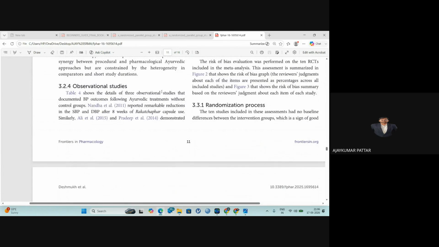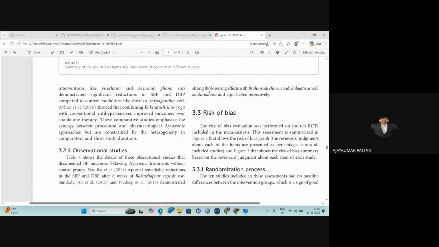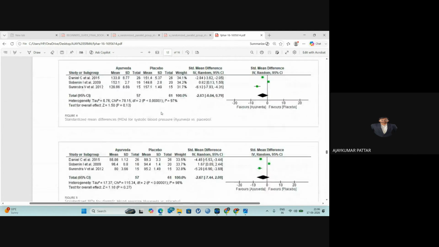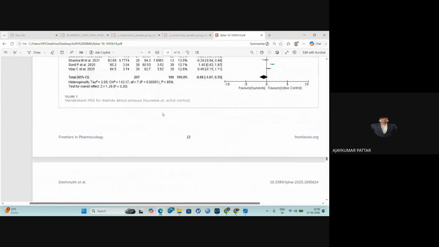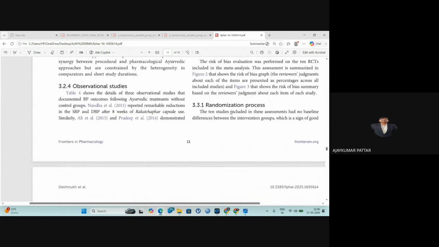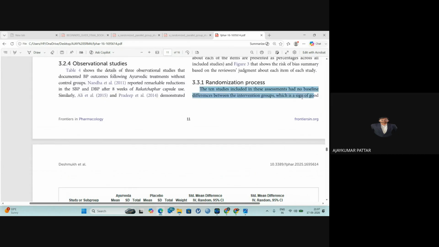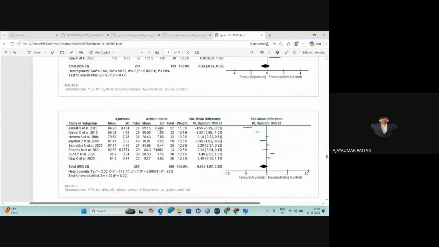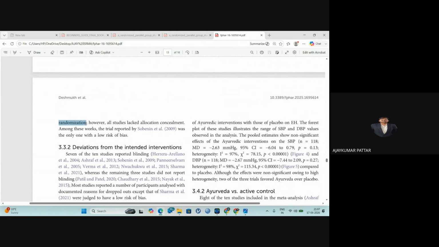For observational studies, what they have done, can you see here one point? Based on the risk of bias judgment, what they have given here for the randomization process: the 10 studies included in the assessment had no baseline differences between the intervention groups, as a sign of good randomization.